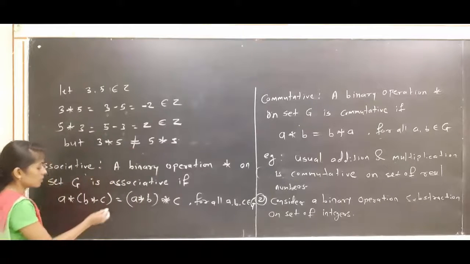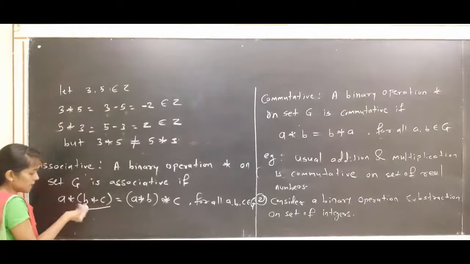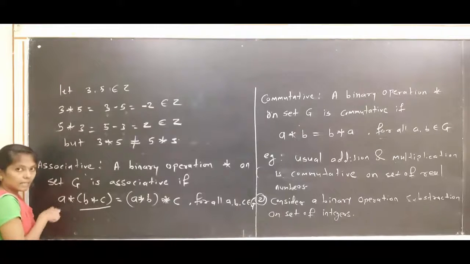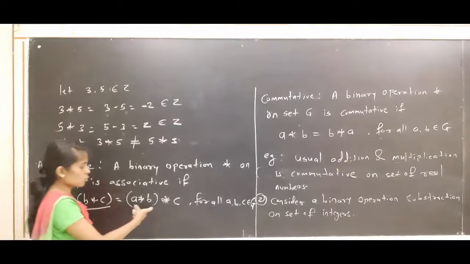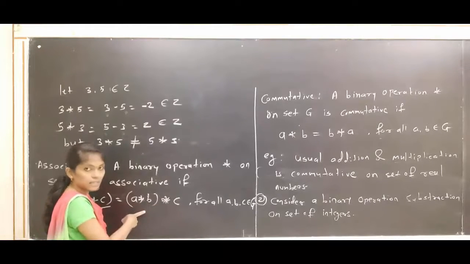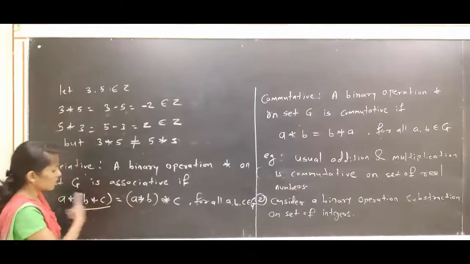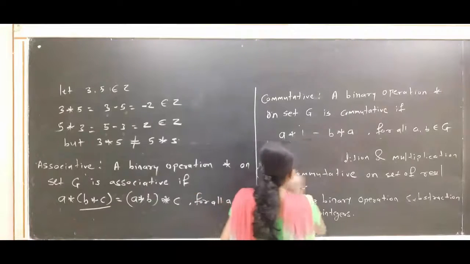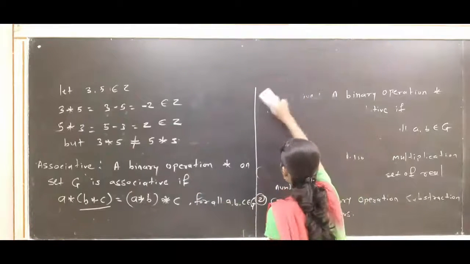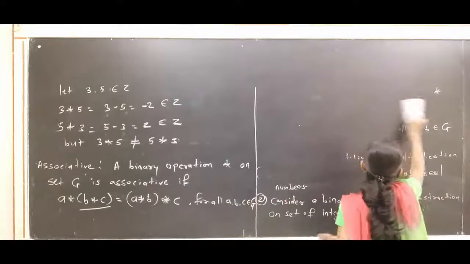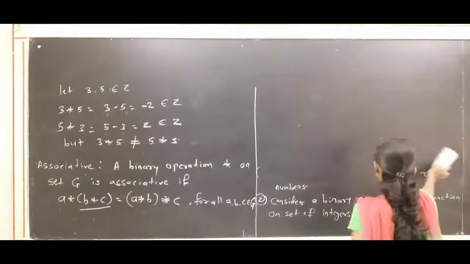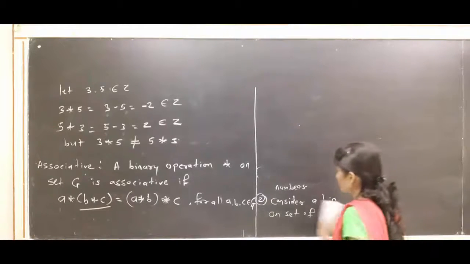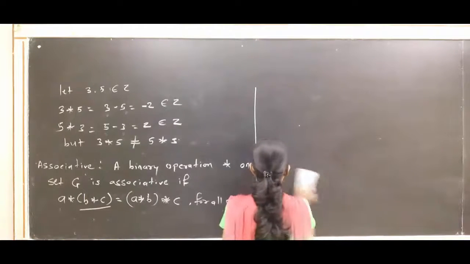So here first of all solve the bracket and then apply C. Here again solve this bracket, then apply A. Then we get associative. Okay. Now we see the example of associativity. So here usual addition and multiplication on set of real numbers is associative. This is the example.